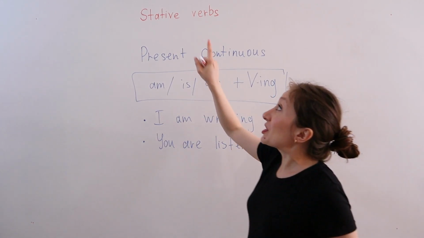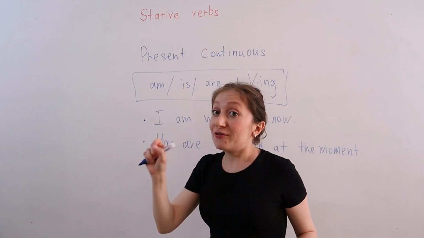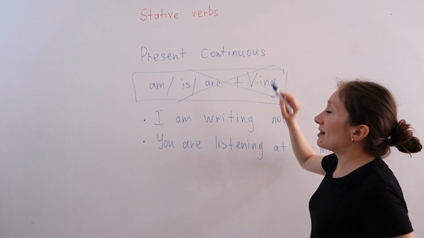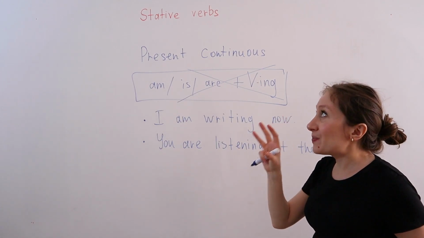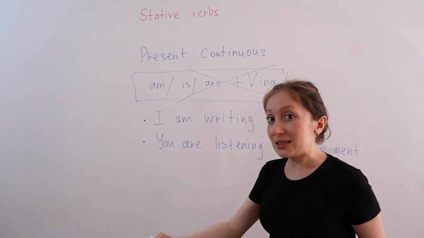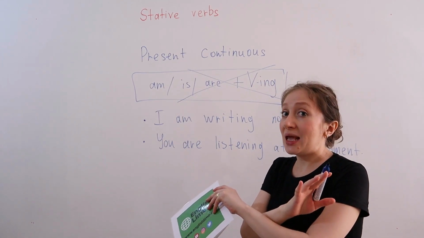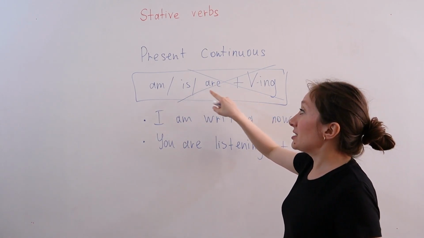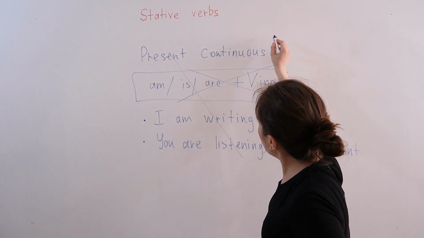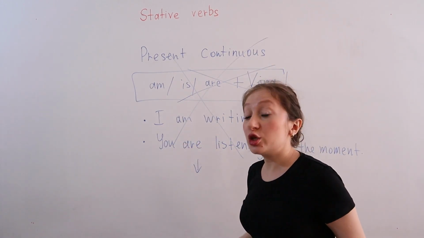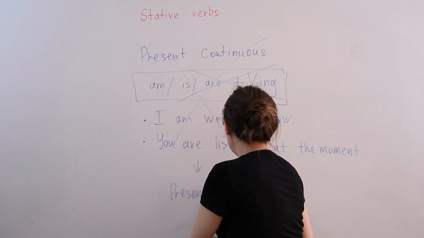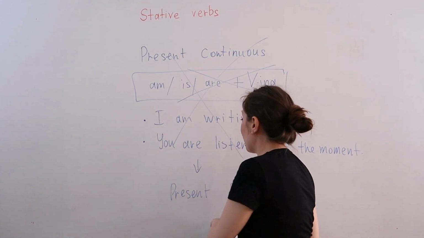I will talk about stative verbs, the verbs that can't be used like that, right? Special verbs that are used in the present tense, but they don't have ing ending. So instead of this, we will use present simple.